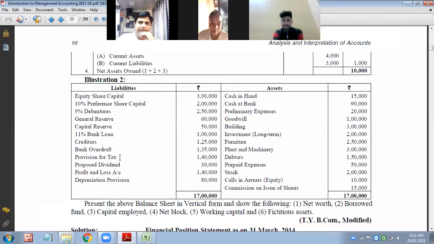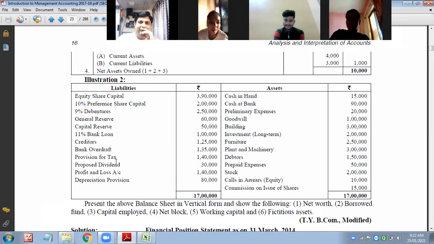Provision for tax, current liability, quick. Proposed dividend, current liability, quick.